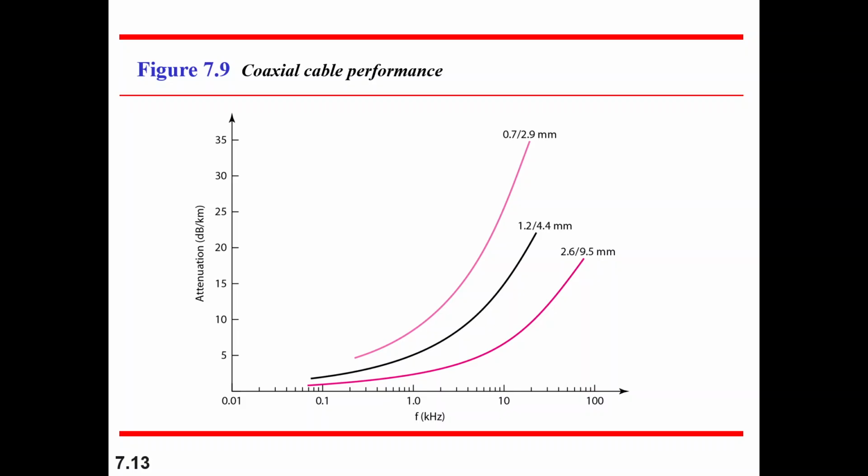coaxial cable, it was widely used in analog telephone networks where a single coaxial network could carry 10,000 voice signals. Later, it was used in digital telephone networks where a single coaxial cable could carry digital data up to 600 Mbps. However, coaxial cable in telephone networks has largely been replaced today with fiber optic cable.